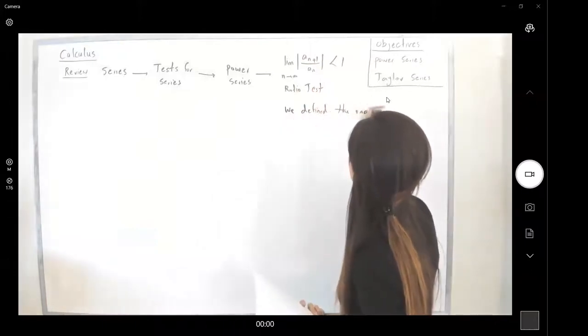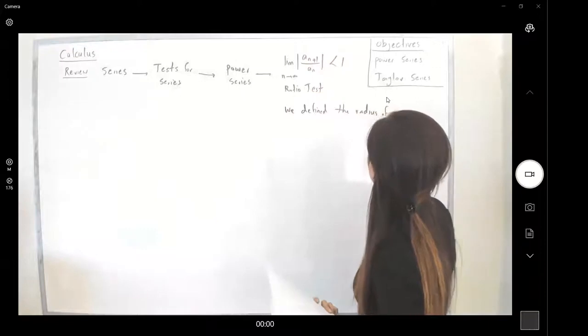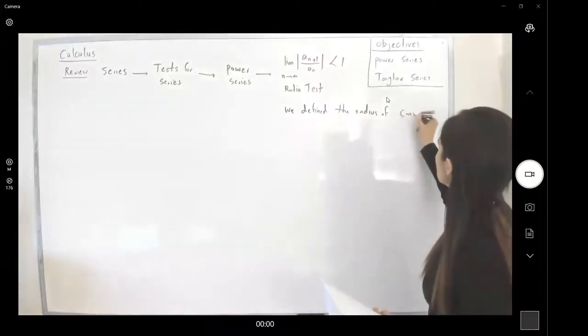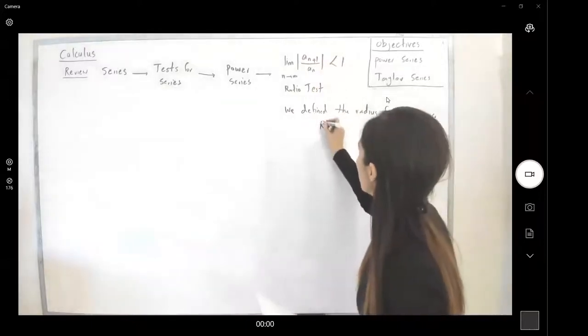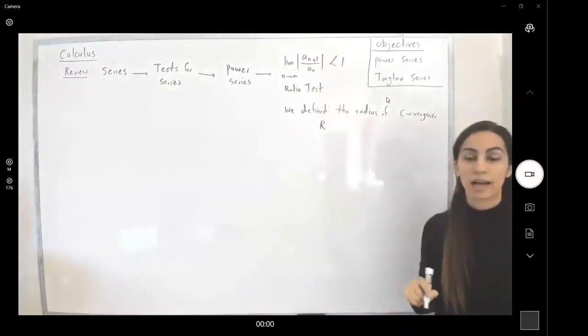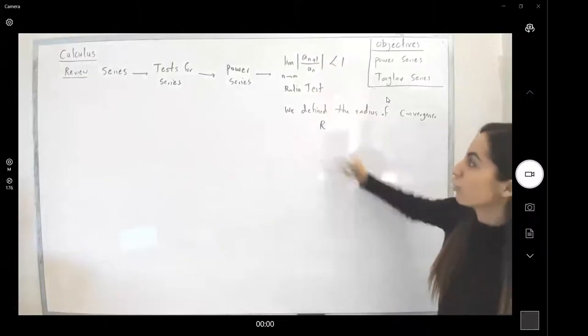The radius of convergence, we denoted that by R. Remember that we used our ratio test to find R.